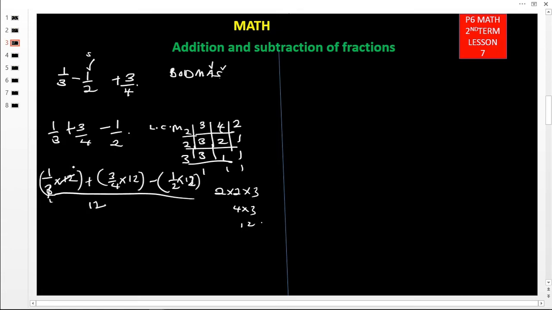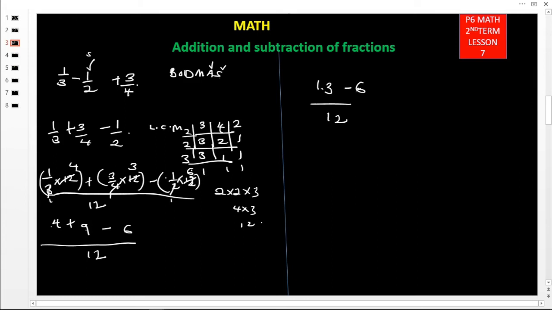By 3, 1. How many 3s are in 12? 4. 4 times 1 is 4, plus 4 into 12 we get 3. 3 times 3 here, we get 9, minus 2 into 12 we get 6. 6 times 1, we get 6, all over the 12. Now 4 plus 9, that is 13. So we have 13 minus 6 out of 12.